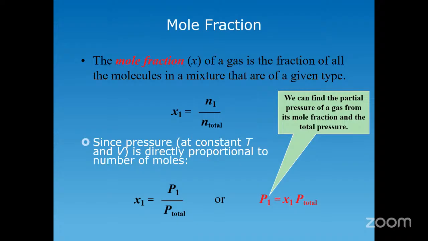And the reason why that is so is because the pressure is directly proportional to the number of moles, provided that the volume and the temperature are the same, right? So basically, we can use this to calculate the mole fraction of a gas in a mixture, even though this is the definition, right? And of course, you can rearrange the equation to get the pressure of one particular gas.